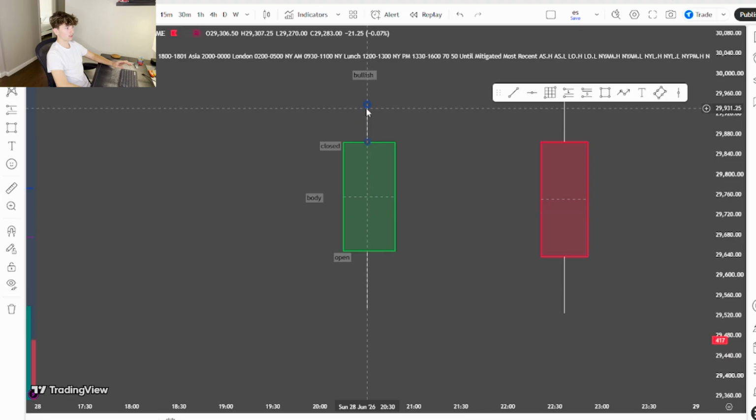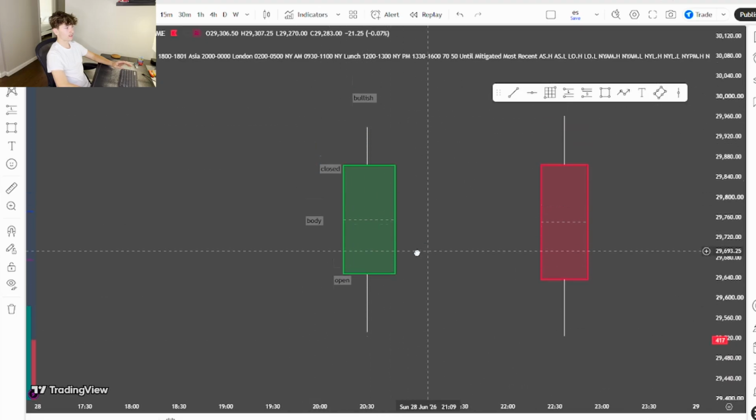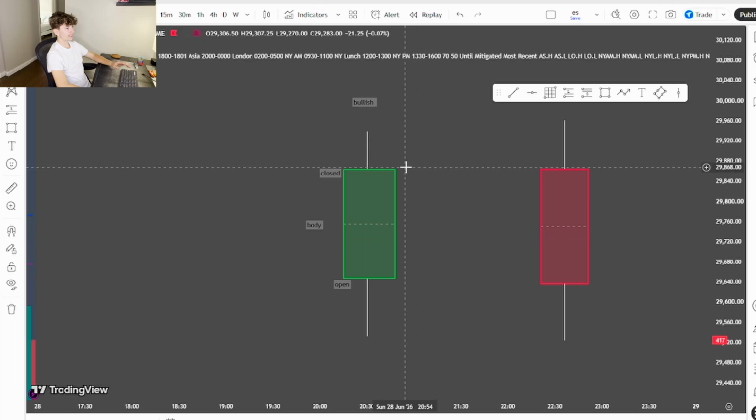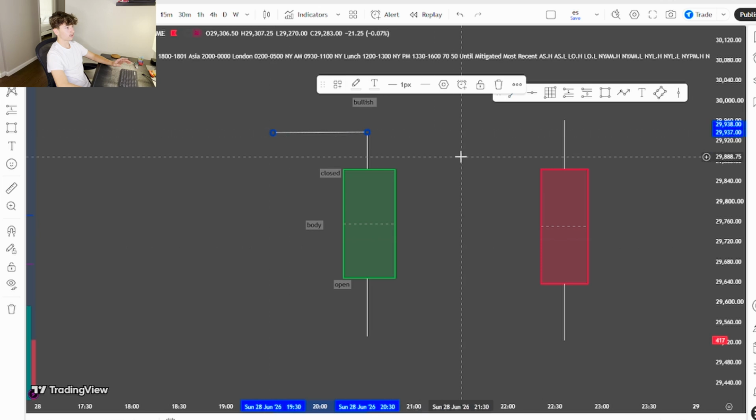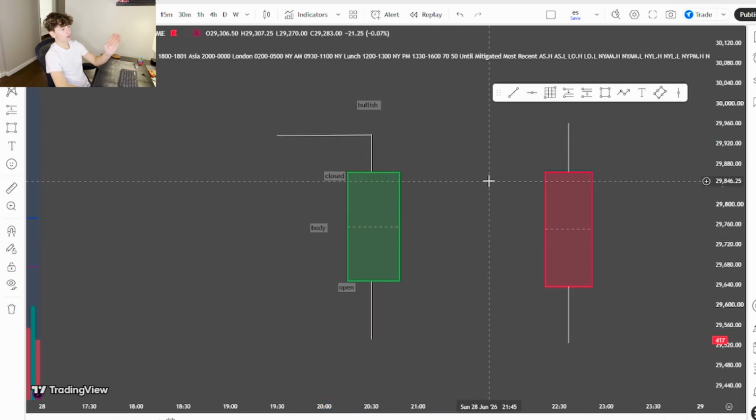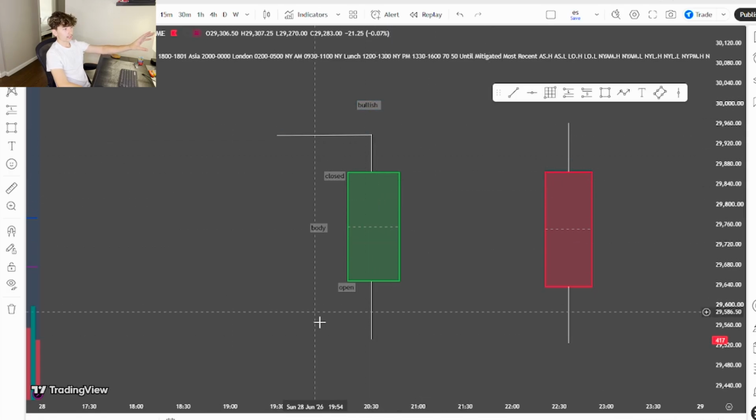Okay, well what are these wicks coming out of it? That is telling us that price wanted to come all the way up to here. So that means this candle, on, let's say for example, the 1 minute time frame, represents 1 minute of price action.